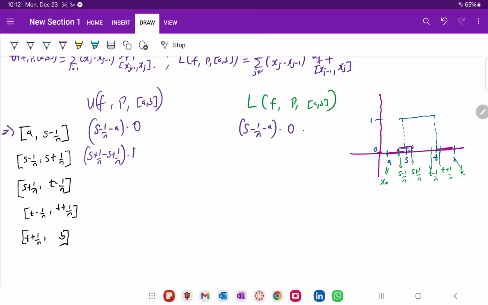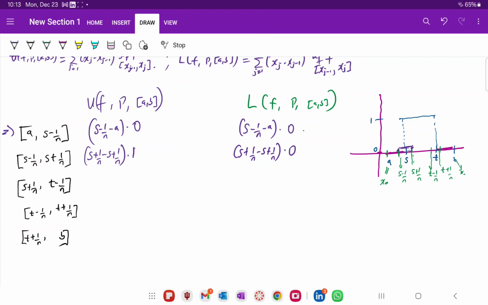However, the infimum of this function at this point will still be 0, because that is the greatest lower bound. So the greatest lower bound between 0 and 1 is 0, but the least upper bound between 0 and 1 is 1.